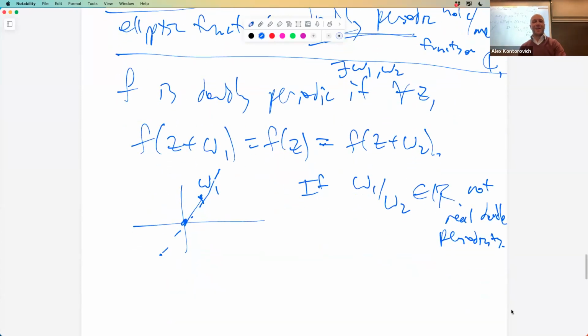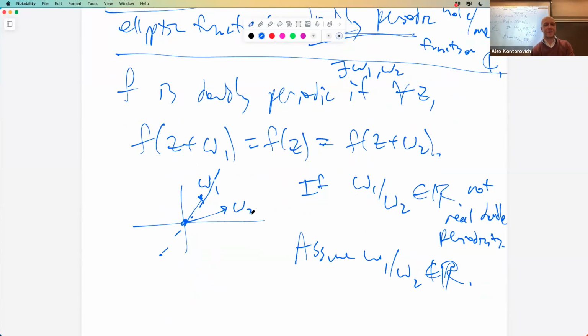But as long as we get away from that setting, assume that omega 1 over omega 2 is not real. Then they're genuinely pointed in different directions. There's omega 1, there's omega 2.